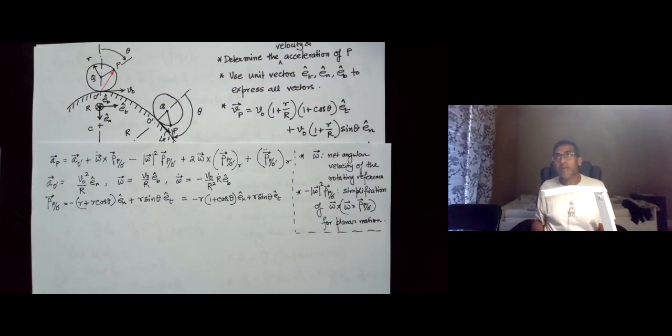This is very similar to our perception. For instance, if a person is standing on the ground on earth and looking at the trunk of a tree, then the person will not perceive any motion of that tree with respect to himself or herself, because both the tree trunk as well as the person are standing on earth, and from the person's viewpoint, the rotating reference frame is fixed to the earth.